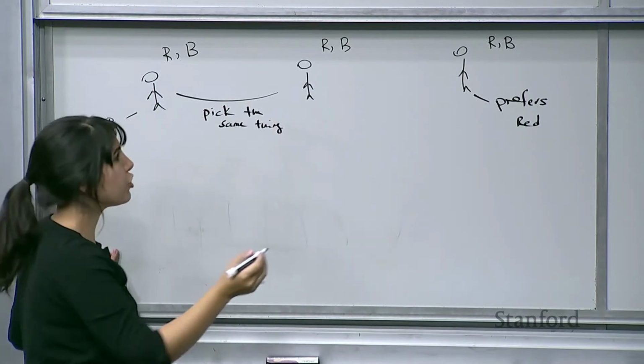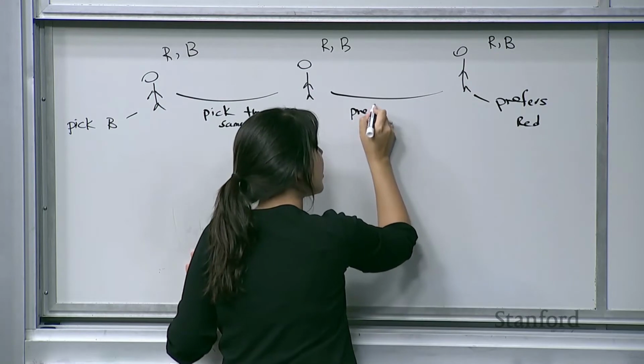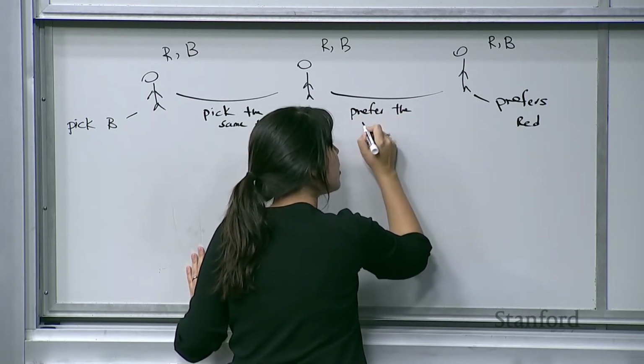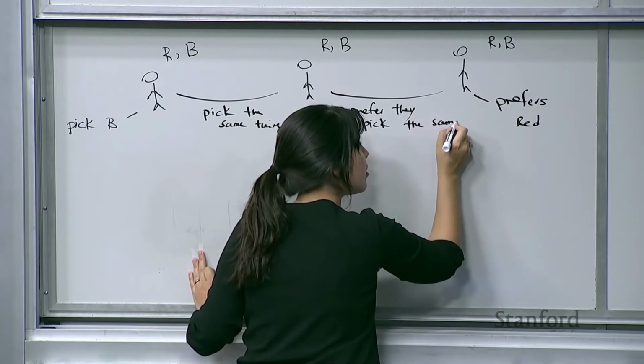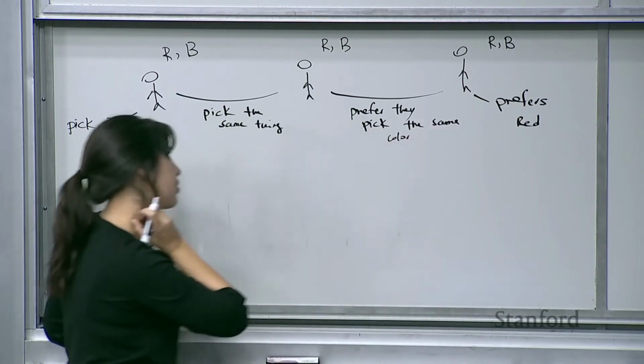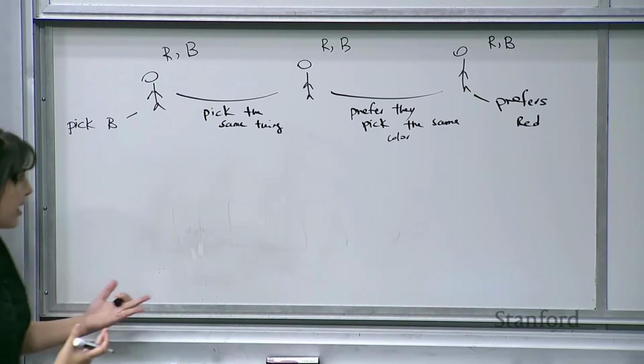And maybe we prefer that the second person and the third person pick the same color. Okay, so these are some set of constraints that I'm putting on this example.